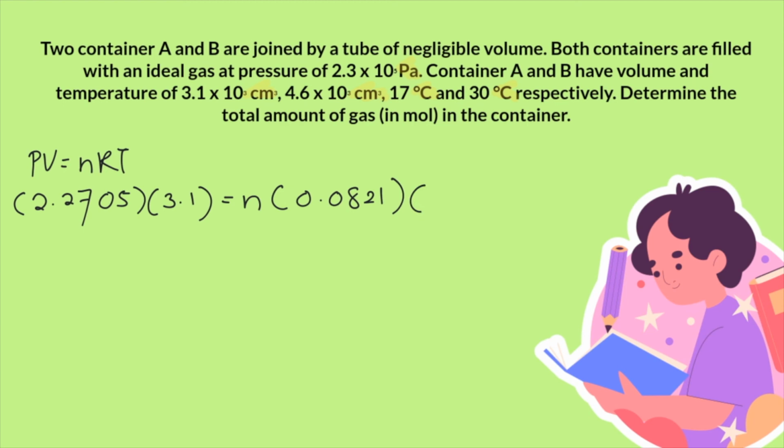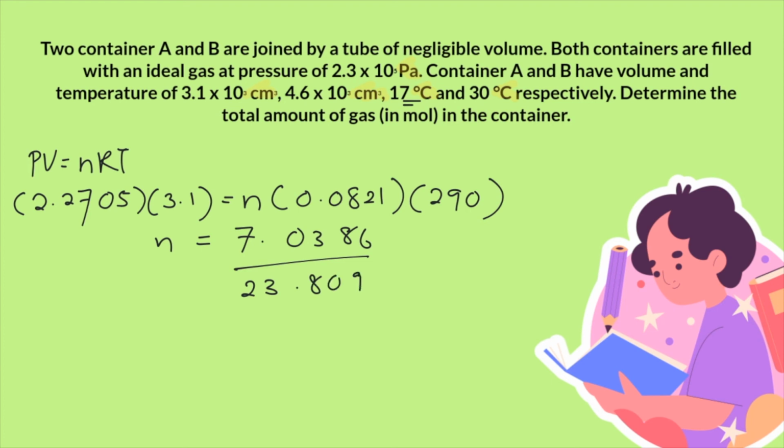Your T is 17 degrees Celsius, so it is 290 Kelvin. From here, you can get your n, which is equivalent to 7.0386 divided by 23.8090. Hence, you shall get n equivalent to 0.2956 mole. This is for container A.